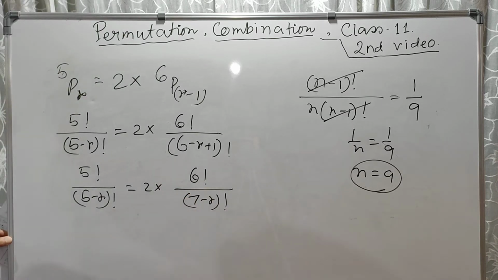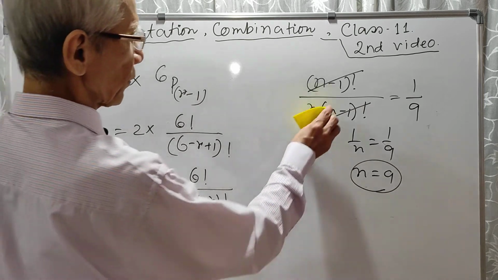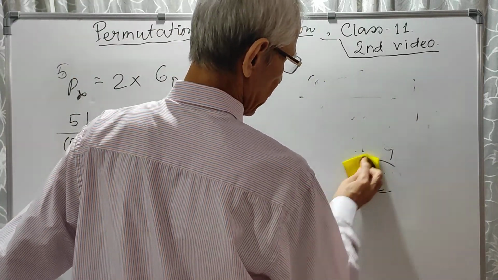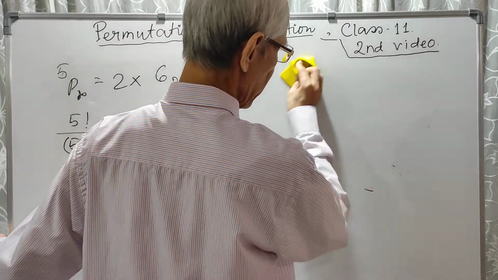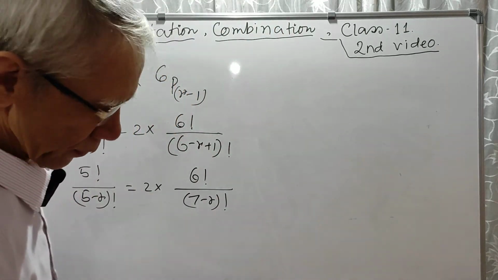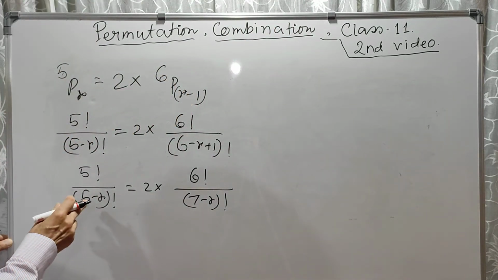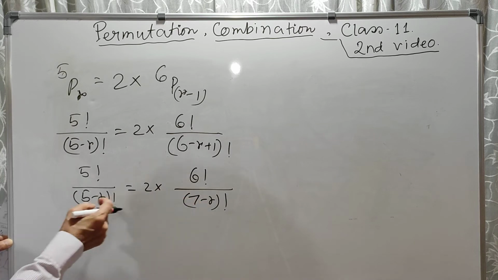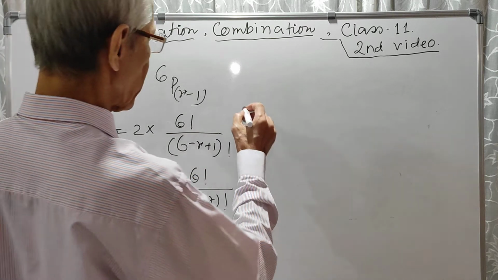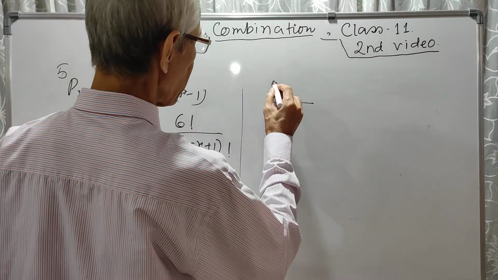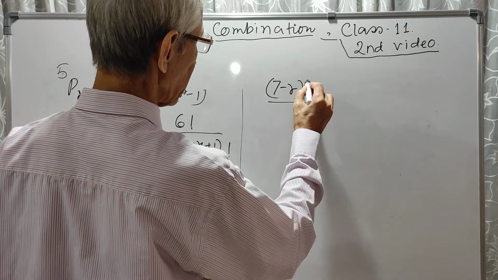All right. Okay, now you see we have to find r. So bring r to the left side. So this side becomes 7 minus r factorial.